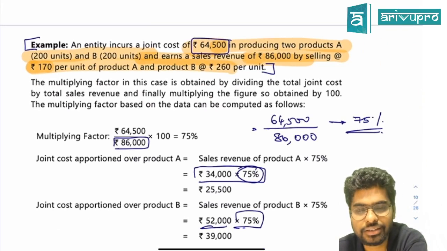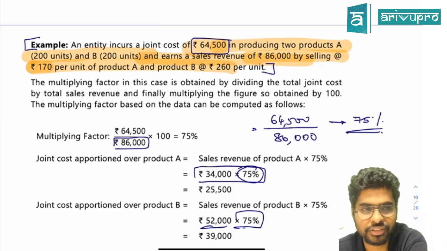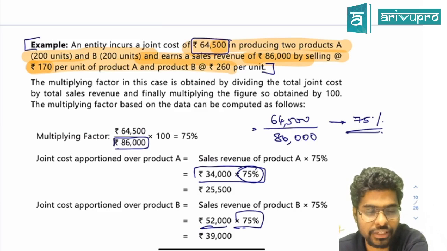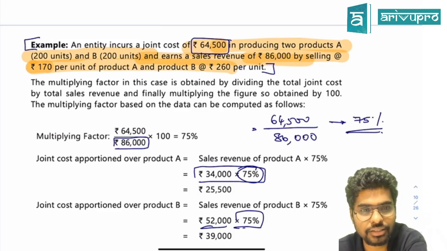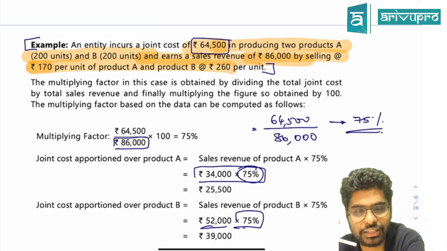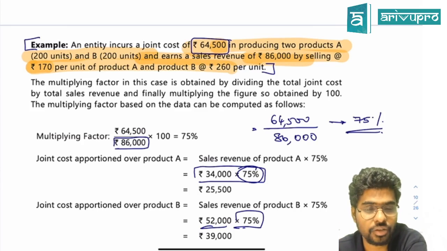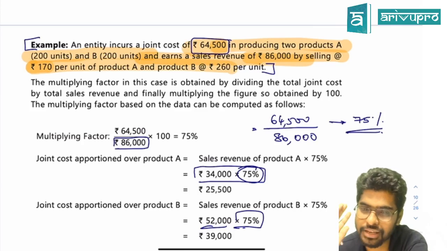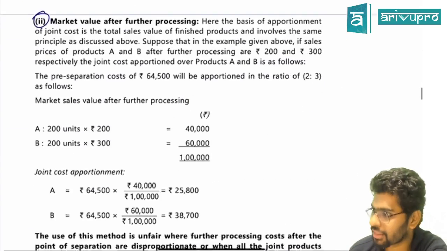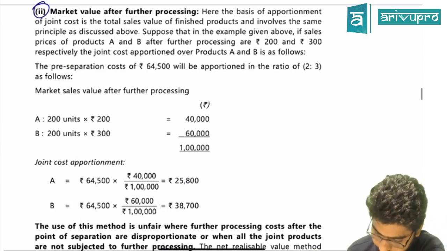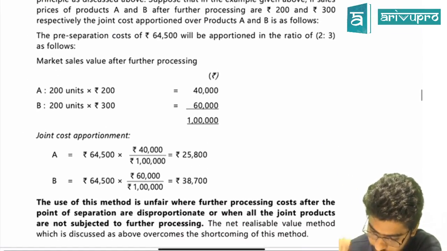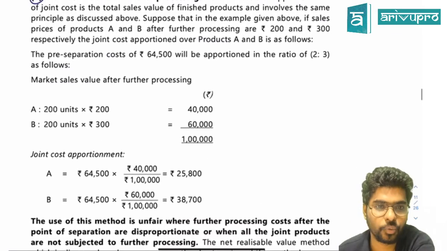An entity incurs a joint cost of 64,500 in producing products A and B, 200 units, and earns a revenue of 86,000 by selling at 170 per unit of A and 260 per unit of B. Looks very straightforward. Now read this example with it.